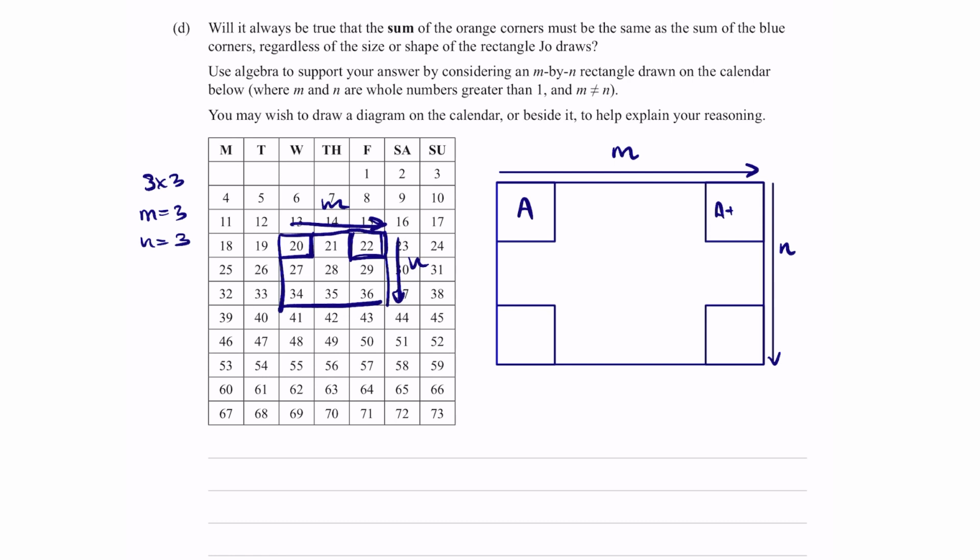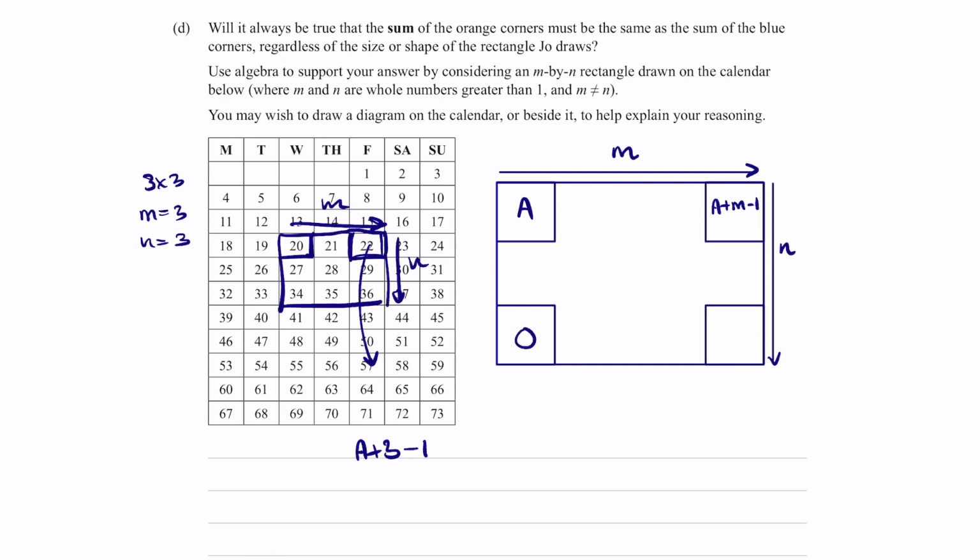Okay, so we know that for this rectangle here, the top right-hand corner will be represented by a plus 3 minus 1. So algebraically and in general, for any m by n rectangle, this is the same thing as a plus m minus 1. So essentially all we're doing is shifting across m minus 1 squares to the right. So that's the top right-hand corner.